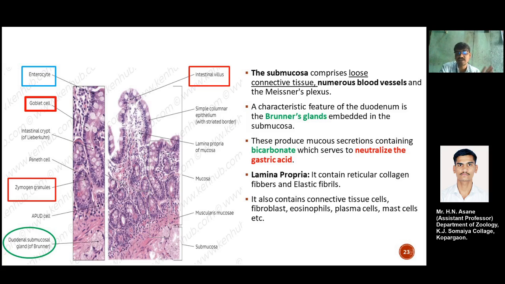We have seen the acidic medium in the stomach. That acidic medium should be neutralized somewhere. When that acidic medium, the semi-digested food, enters into the duodenum, at that time this Brunner's gland is going to secrete the mucus which is enriched in bicarbonate solutions.